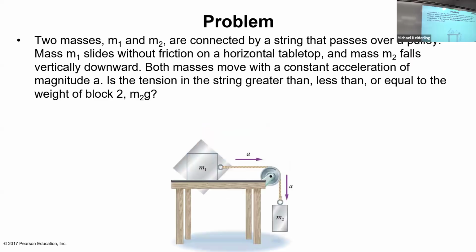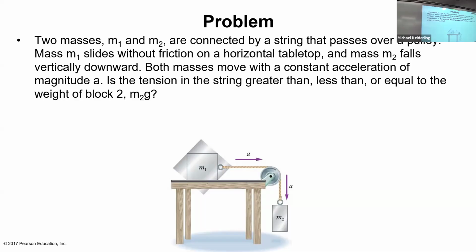So here we have two masses, mass 1 and mass 2. They're connected by a string that passes over a pulley. Mass 1 slides without friction on a horizontal tabletop, and mass 2 falls vertically downwards. Both masses will move with constant acceleration of magnitude a.